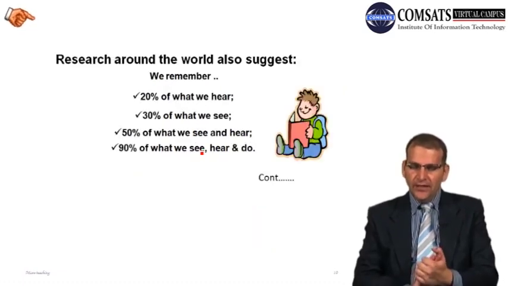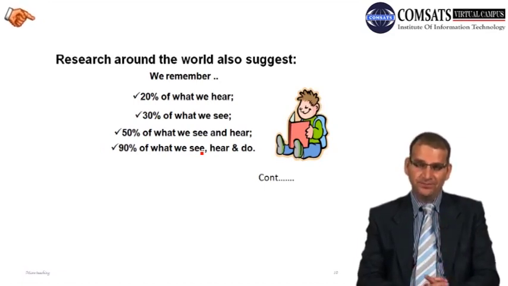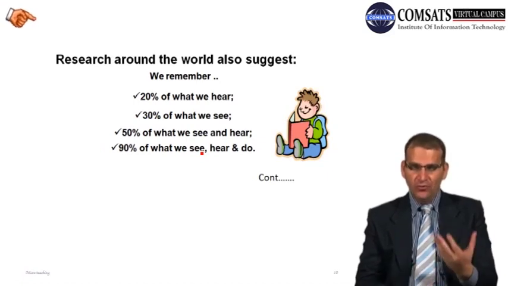Now students, research around the world also suggests we remember 20% of what we hear, 30% of what we see, 50% of what we see and hear, and 90% of what we see, hear and do. It's important. Right? I hope you agree with this.